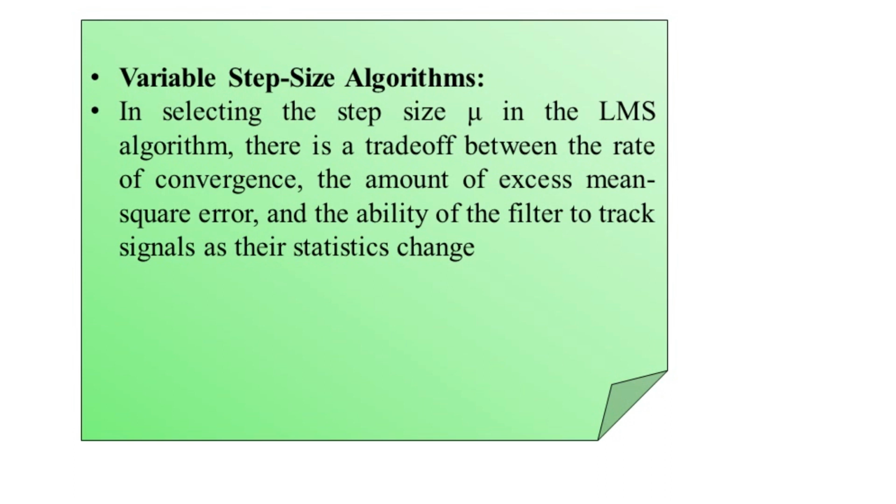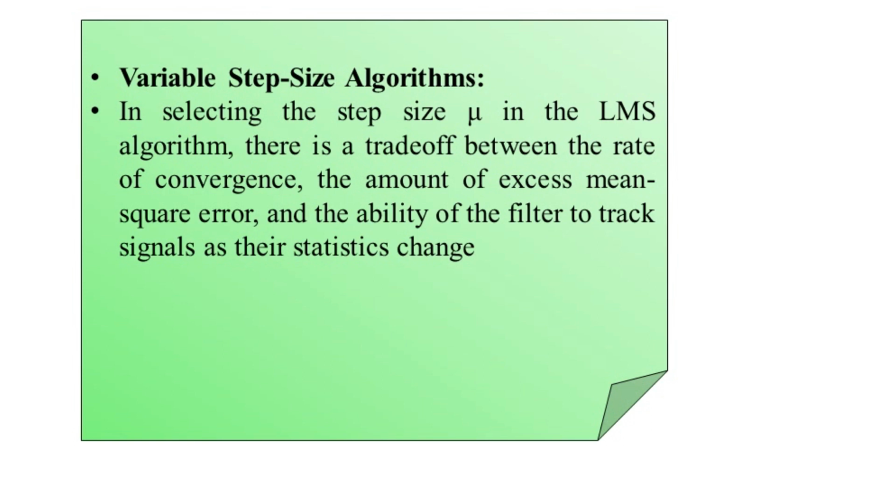algorithm. So let us assume here that we have x of n and d of n, x of n the input signal having the desired signal component and the noise component here, whereas d of n is the desired signal. So these are real valued processes, and one approach that we have for changing the step size is referred to as the variable step algorithm, which we have abbreviated as VS algorithm.